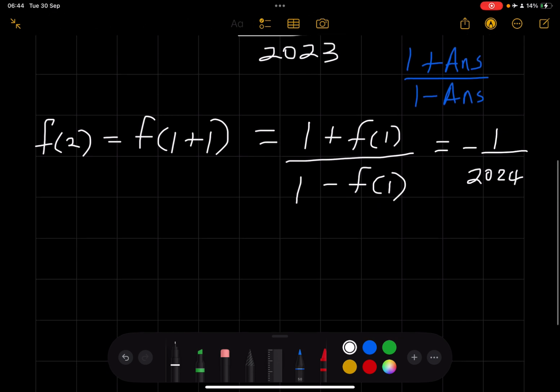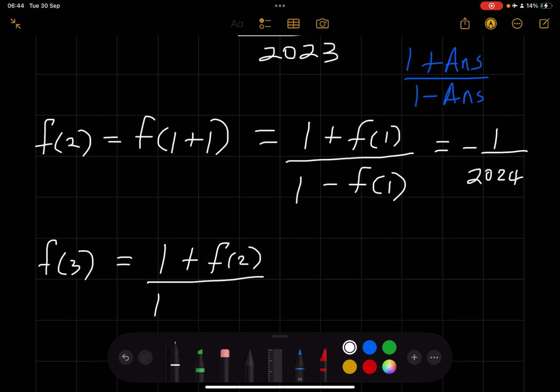Now your ans is f(2) on your calculator, so you can easily get f(3). f(3) is going to be (1 + f(2))/(1 - f(2)).